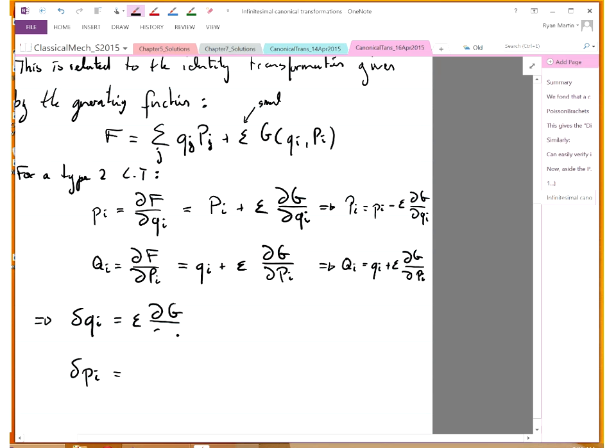And so then I get delta qi, which is epsilon times the derivative of g with respect to capital Pi, and delta pi is minus epsilon times the derivative of g with respect to qi. Sorry for being confusing. It's already not easy to understand.